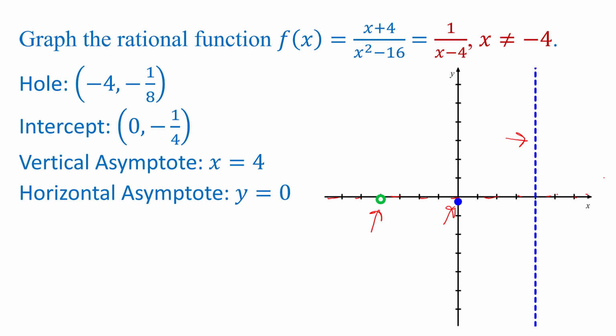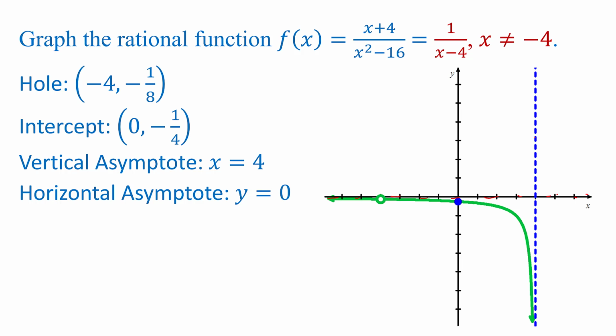To the left of that vertical asymptote, I note that the y-intercept tells me that the graph is totally below the x-axis. So let's go ahead and graph to the left of the vertical asymptote like so. Note that our graph approaches the horizontal asymptote headed to the left. It approaches the vertical asymptote headed to the right, passes through the y-intercept.